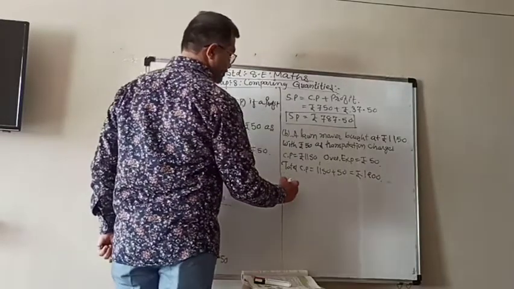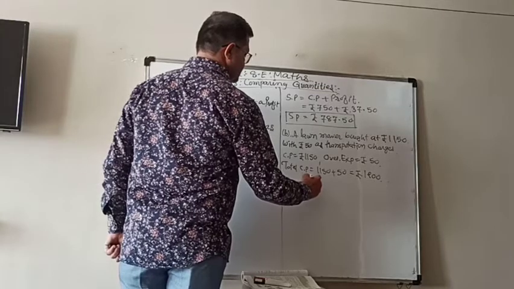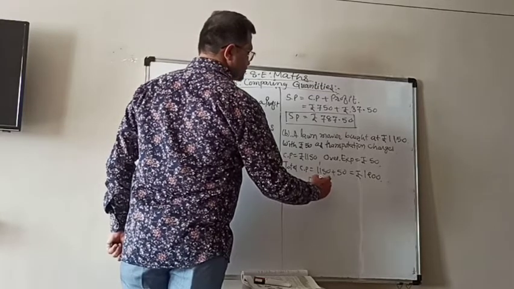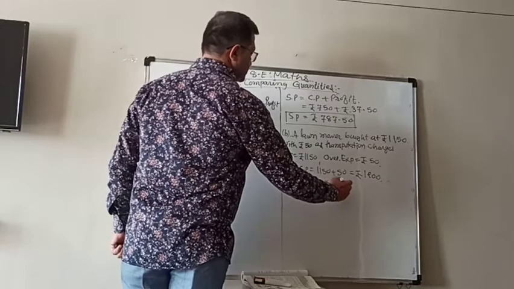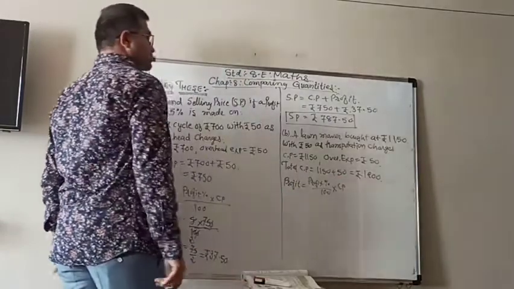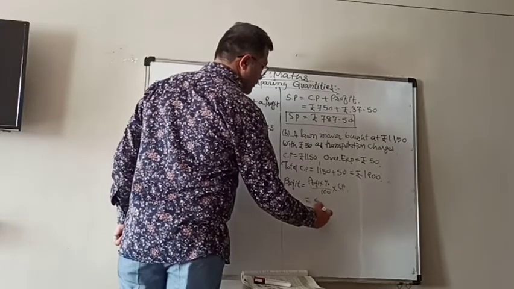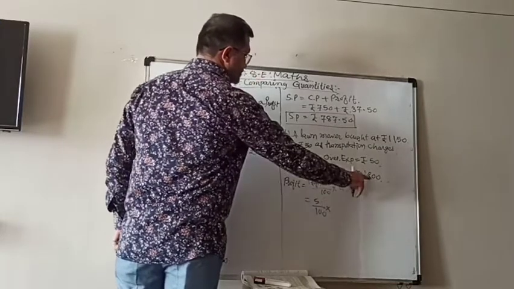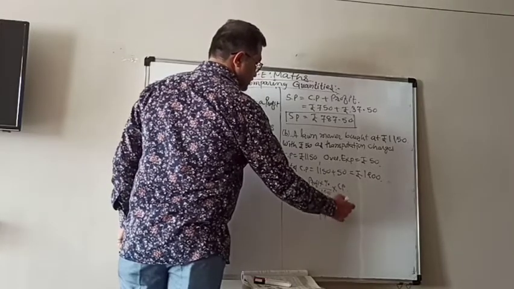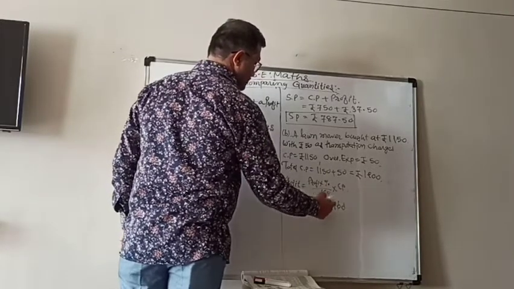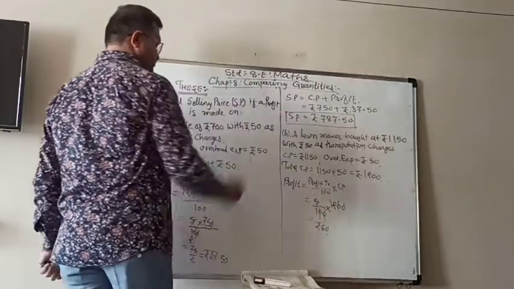So now we have to find the profit. So profit is equal to profit percent upon 100 into CP. Profit percent is 5 upon 100 and our CP is 1200. Zeros are cancelled, so 12 5s are rupees 60. So now we have to find the SP.